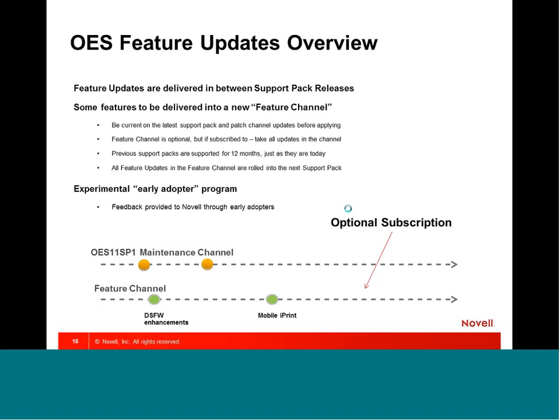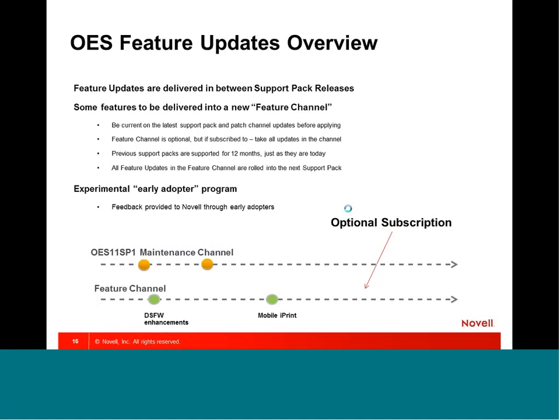One thing that we will be doing is, you've already seen some proof of that this year. We delivered the Novell Kanaka for Mac, something we did in between support packs. We also delivered the OES 11 automated upgrade, and we have some other things coming down the line that we'll talk about in a minute. In the case of Kanaka for Mac, that's just a client, and it was delivered through a download.